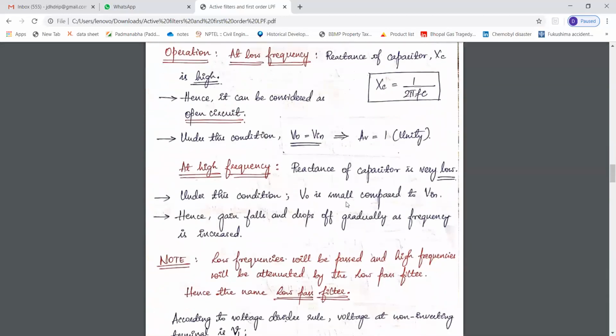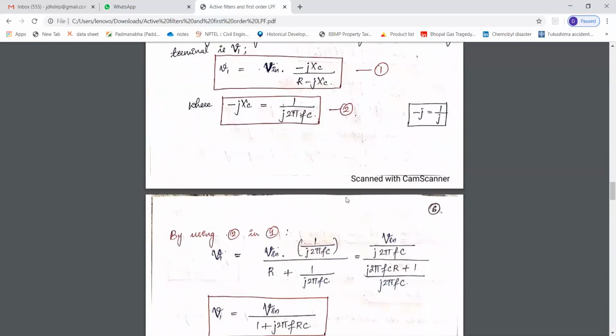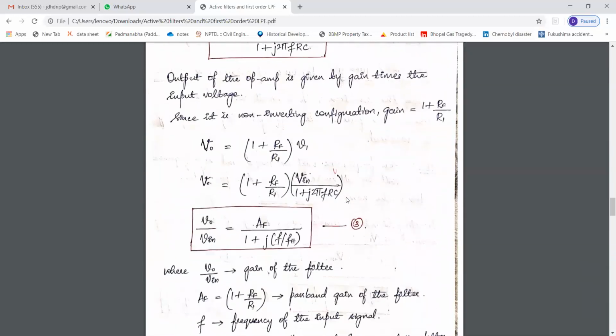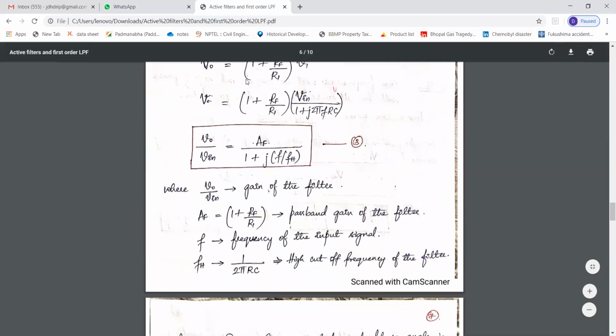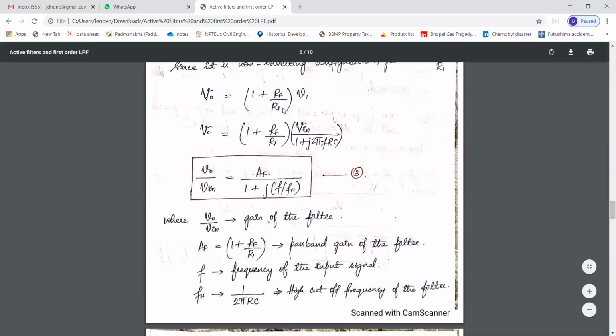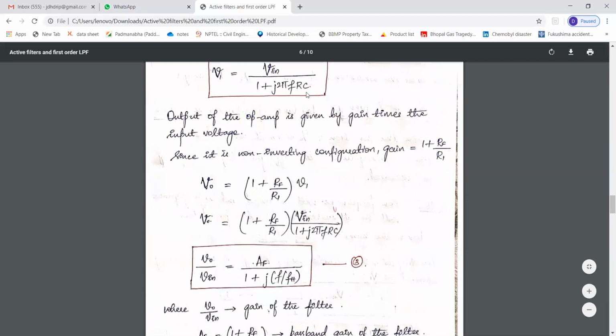Gain is equal to 1 plus RF by R1 since it is a non-inverting amplifier. So the output signal V0 is equal to 1 plus RF by R1 into V1, and we know that V1 is equal to V in by 1 plus J 2 pi FRC. So from this we are going to find V0 by V in.